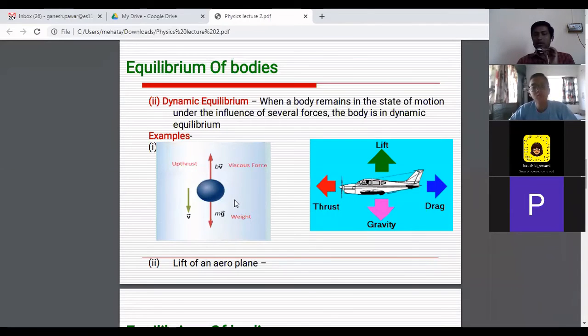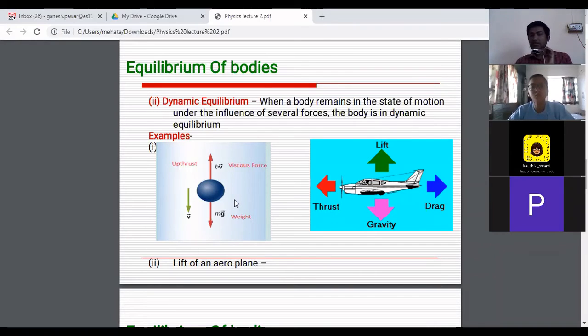First example, the motion of a raindrop from cloud to the earth's surface. Whenever there is rain, the raindrops coming downward move with a constant velocity, a constant linear velocity.